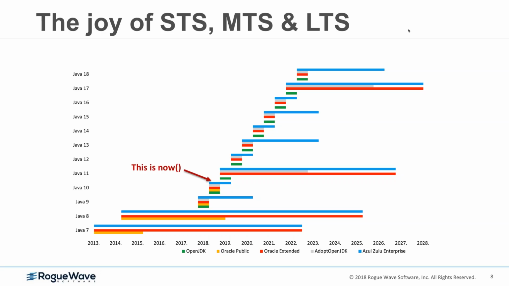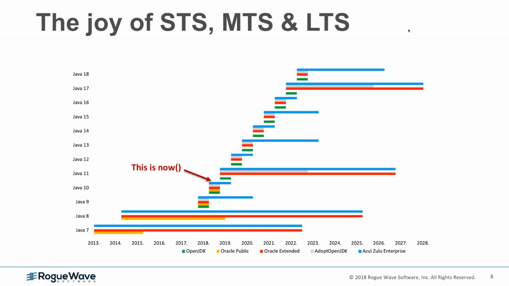So 2018, April, and Java 10 is out. And there are a couple of important things to note here. These different bars are green being OpenJDK, yellow Oracle Public, red Oracle Extended, gray Adopt OpenJDK, and blue Azul Enterprise.